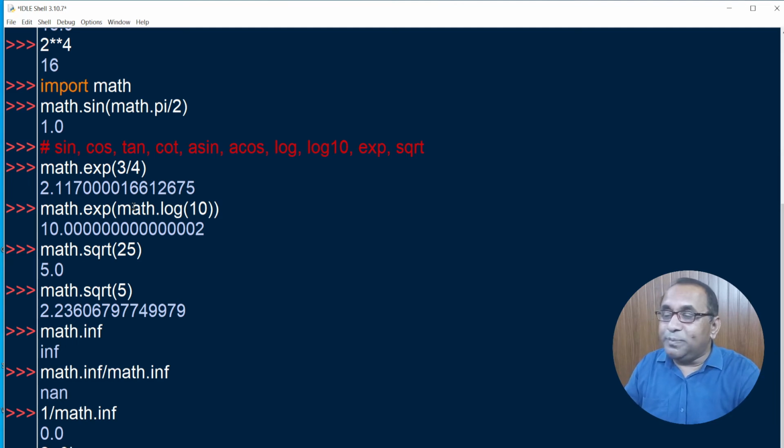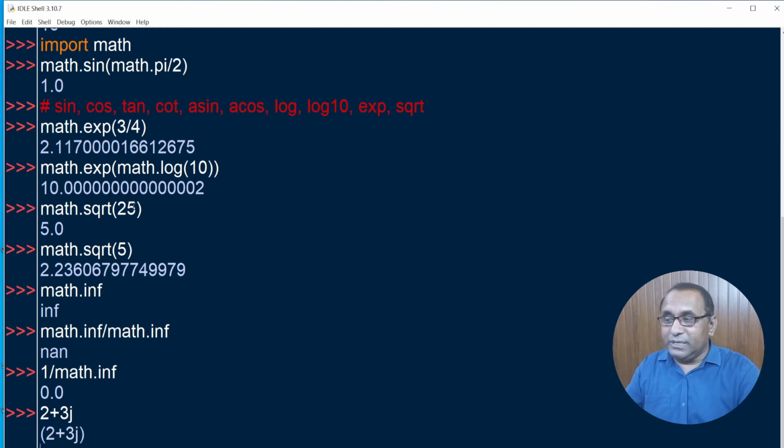So 2 plus 3j is the complex number, and the syntax for the same in Python is 2 plus 3j. So 2 is the real part and 3 is the imaginary part. When you enter, it will appear in this way: parenthesis 2 plus 3j.